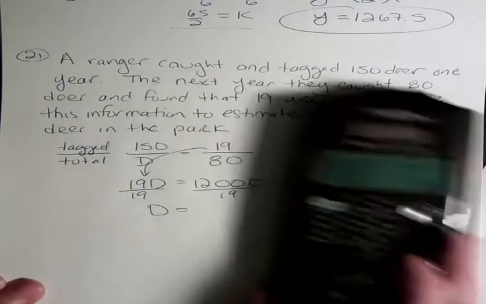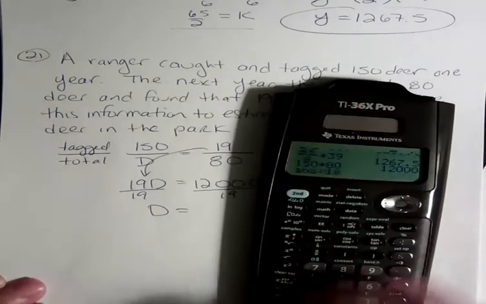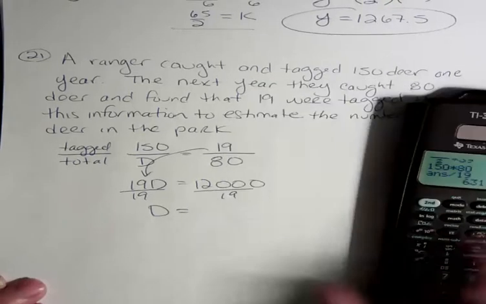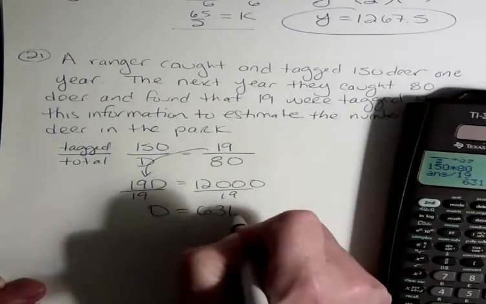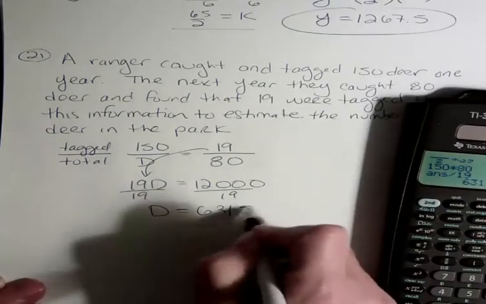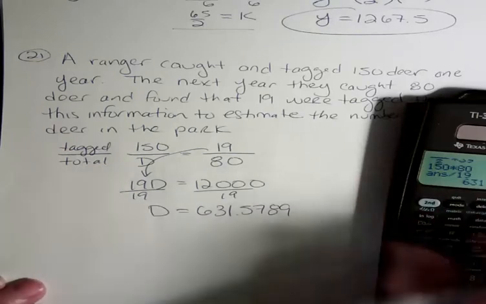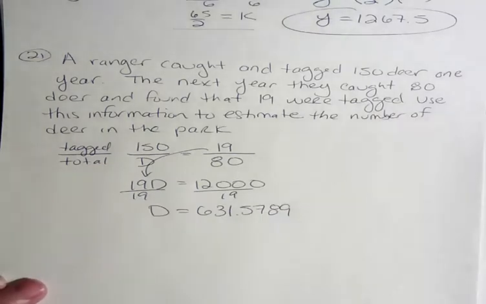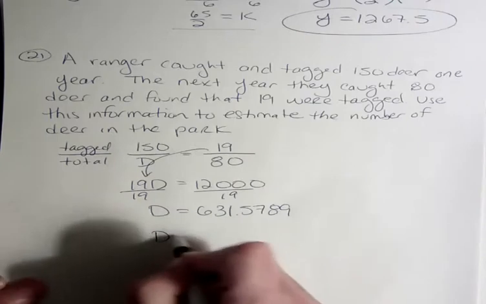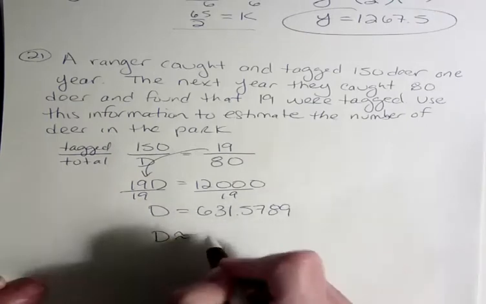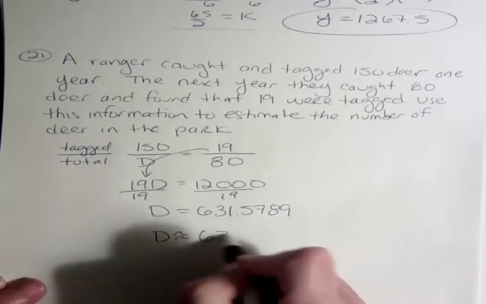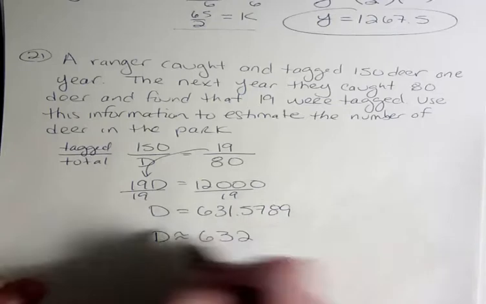So we have 12,000 divided by 19, which is 631.5789. And so what's your estimate for the number of deer in that particular little park? Well, we don't ever have half a deer. So we're going to say we estimate there to be about 632 deer in that park.